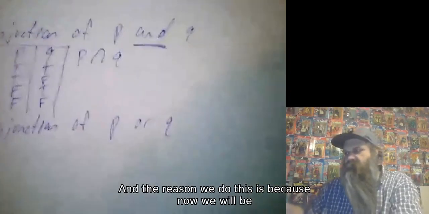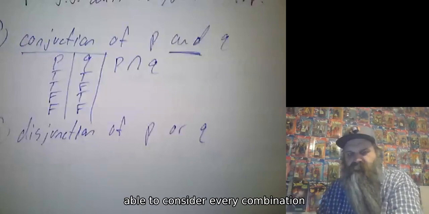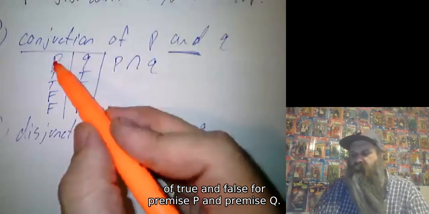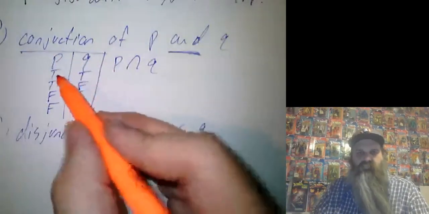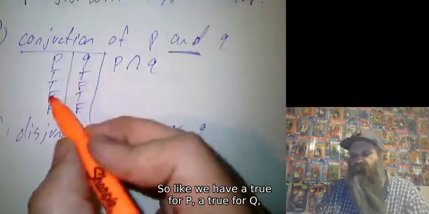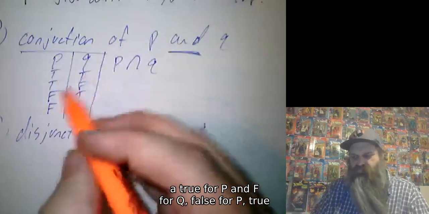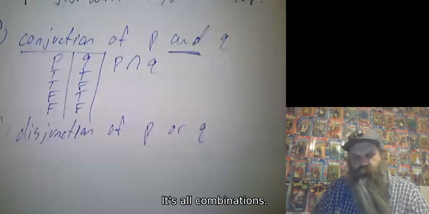I'll zoom in. And the reason we do this is because now we will be able to consider every combination of true and false for premise P and premise Q. So we have a true for P, a true for Q, a true for P and F for Q, false for P, true for Q, and then both false.